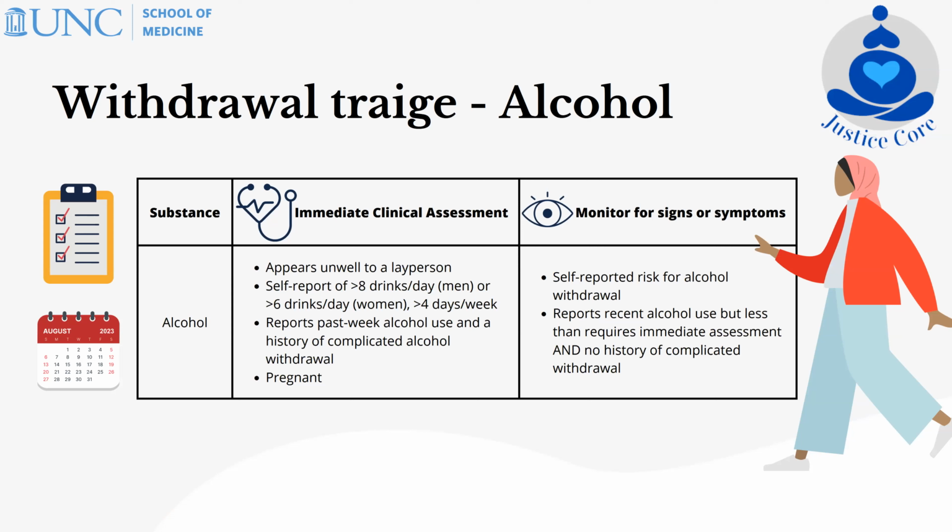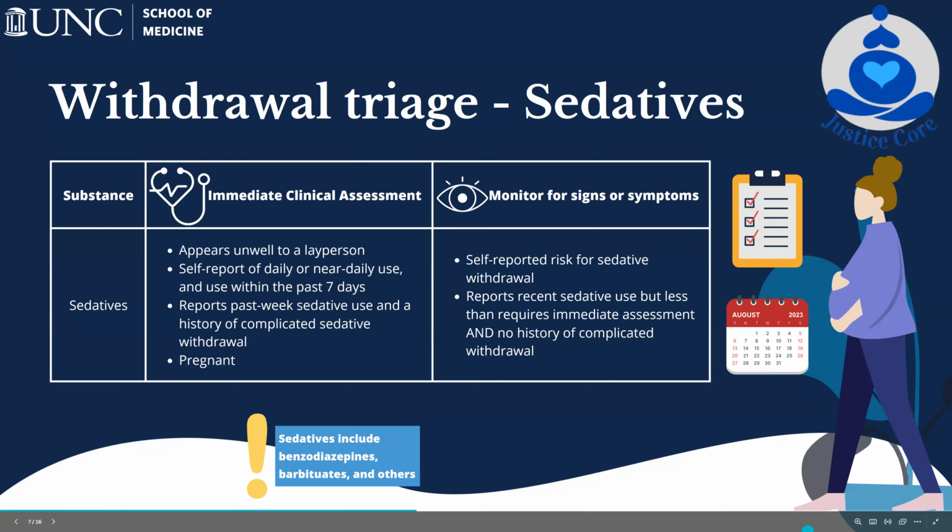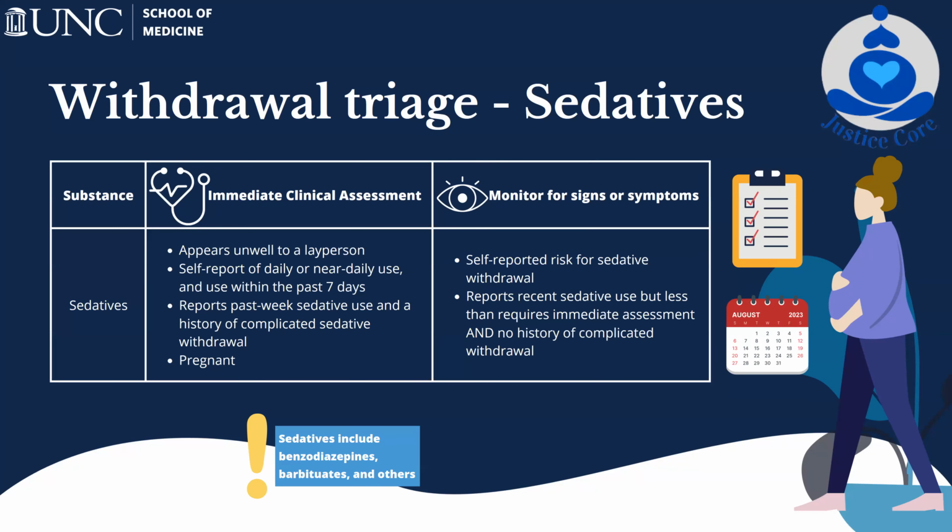The two main substances that we get very concerned about when we're thinking about withdrawal, we worry about all of them, but the two that we really worry about as far as having really significant potential complications are alcohol, as Essence mentioned, and also sedatives, in particular benzodiazepines like Xanax, Valium, clonazepam, those types of medications.